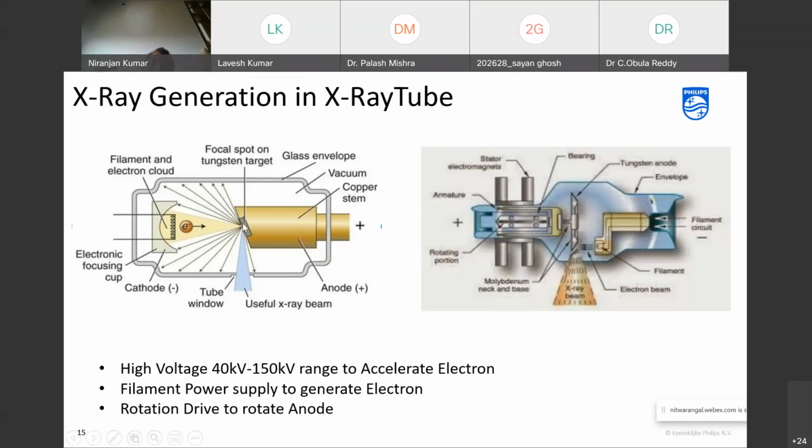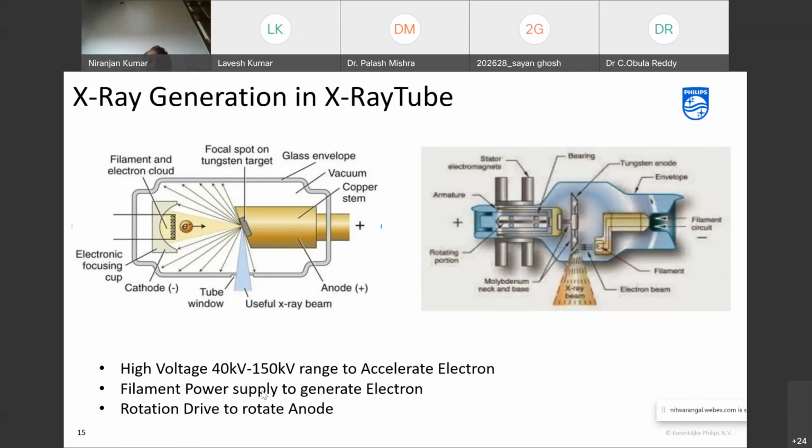Typically in medical applications, based on the characteristic you saw, we apply around 40 to 150 kV. The lower kV we use for soft tissue, and higher kV we use for bony tissues. So suppose in mammography, where our X-ray is typically on the soft tissue, right?